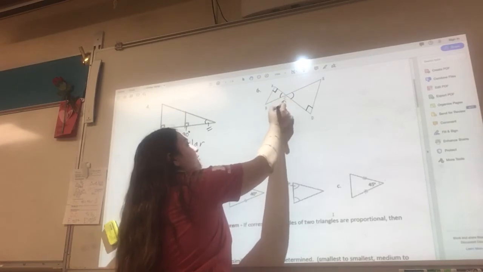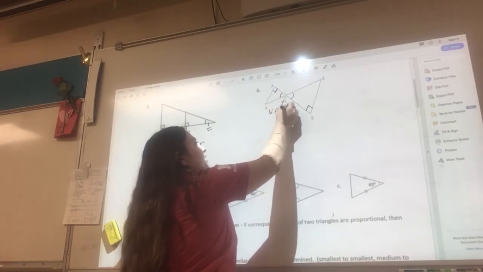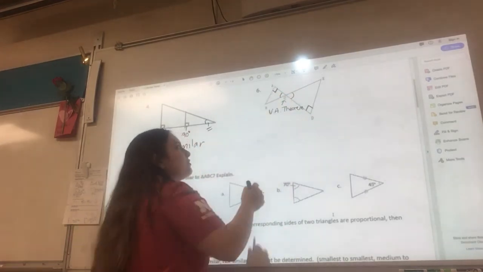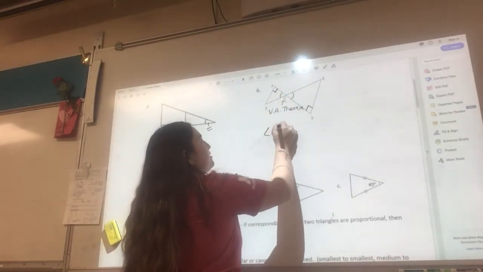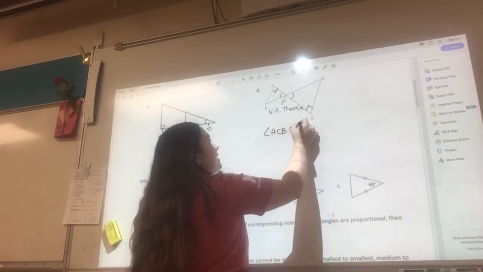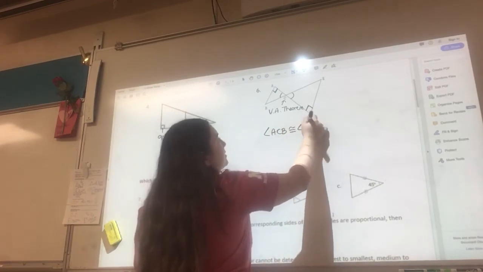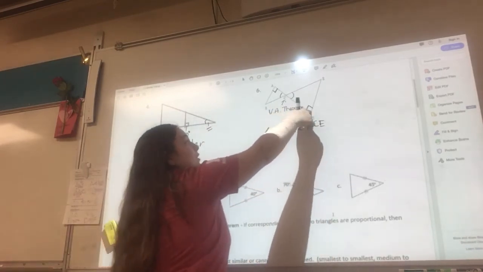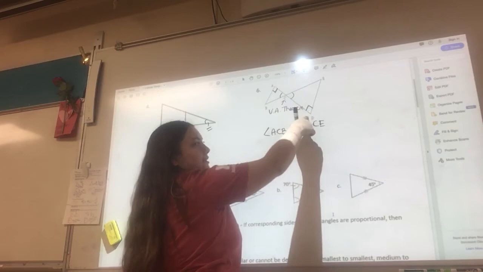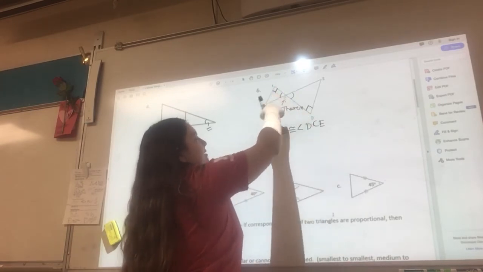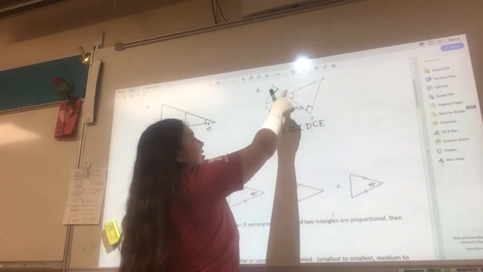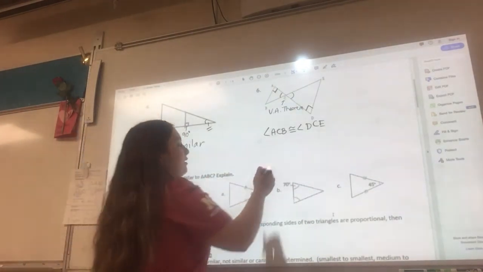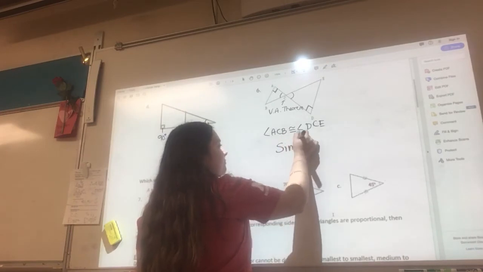The vertical angle theorem states that if we have two lines that cross, then angle ACB has to be the same as angle DCE. So right there, angle A and angle D are the same, and then angle ACB and DCE have to be the same. So we found two angles that are the same. Therefore, these have to be similar.